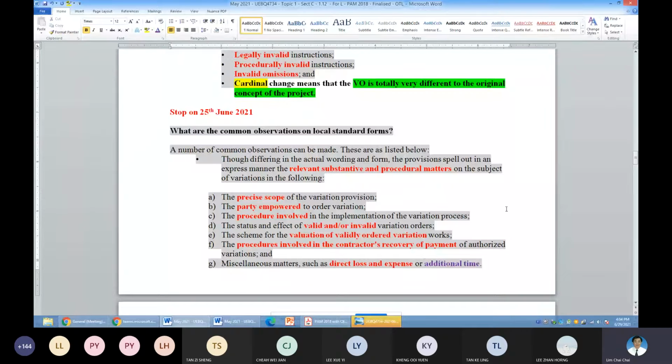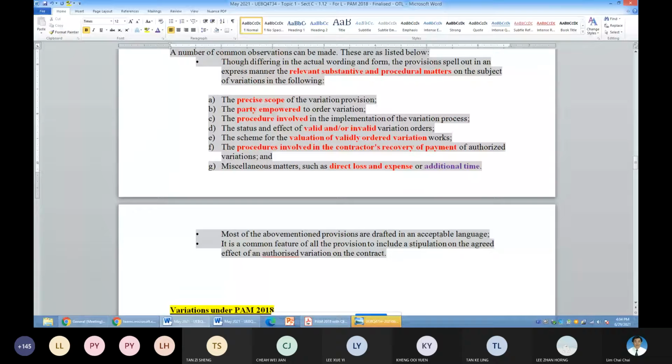So from here you can see the language that is drafted in our PAM 2018. It is in a very clear language.